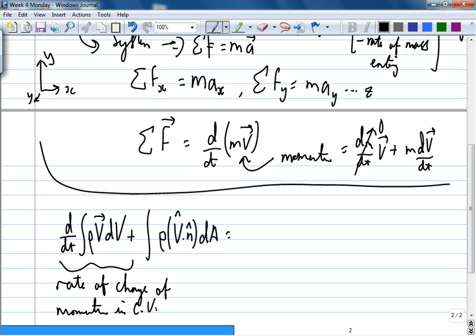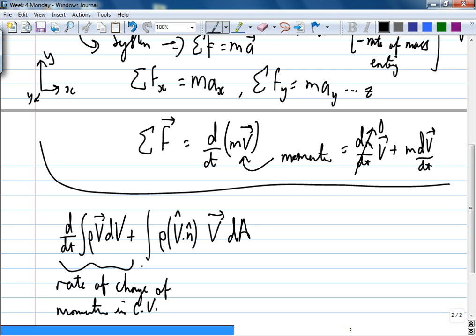As long as nothing goes in or out of the control volume, that is all, and you don't need to worry about the other term. But that's not the case. In our control volume, sometimes some part of the system might leave, and some part might enter. That's why you have this term here. If not, we would have stopped here. But unfortunately, there's some leaving and some entering, so again we multiply by V dA.